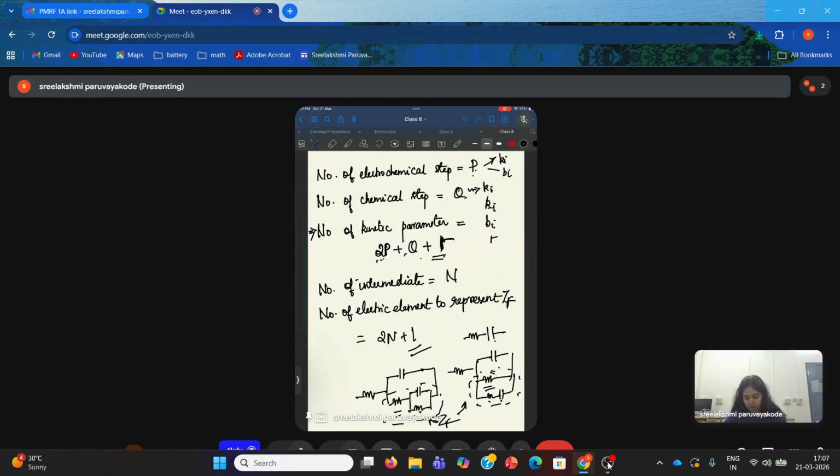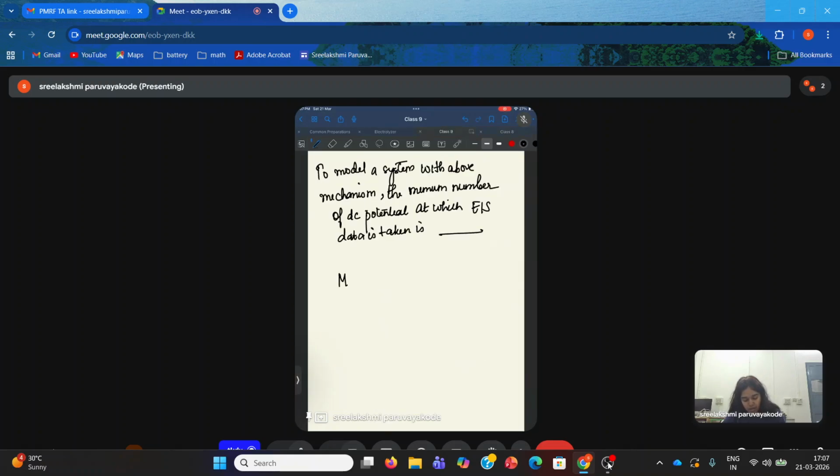So in this one mechanism, okay, let's see this page. The steps are M, M adsorbed plus electron.